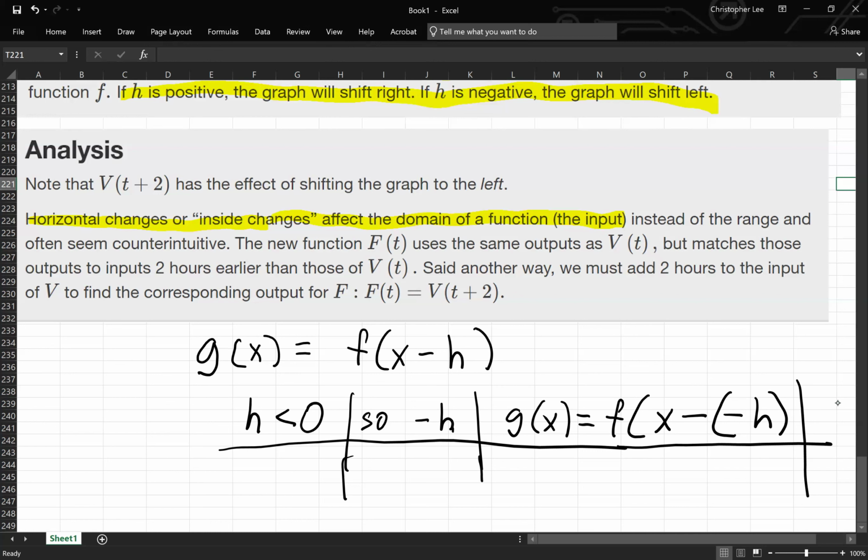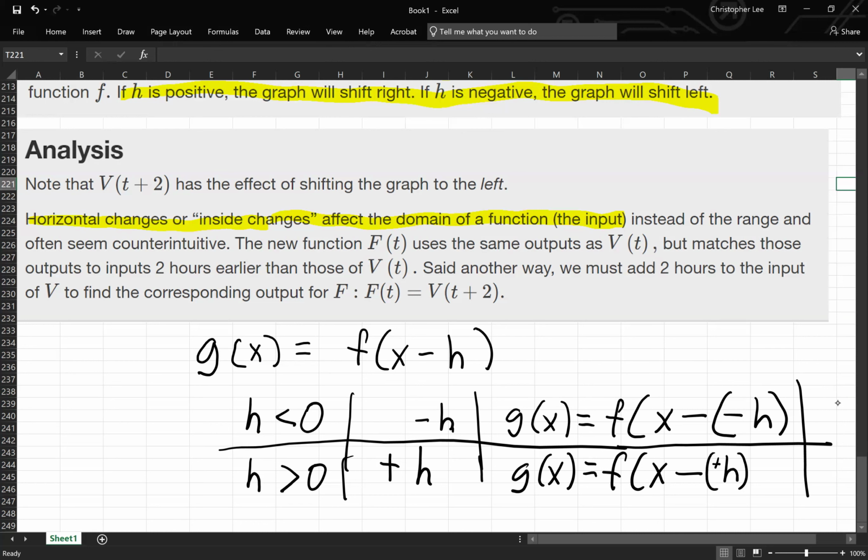This is why you're saying, "Oh, I thought when it was positive, I'm going to the left." This is the reason why, because a negative and a negative make a positive. But the formula stays the same. For h greater than 0, so we have positive h, g of x is equal to f of x minus, say, positive h, put that in parentheses. In that one, it looks like you have a minus h, but you're really moving to the right. This is the reason why.